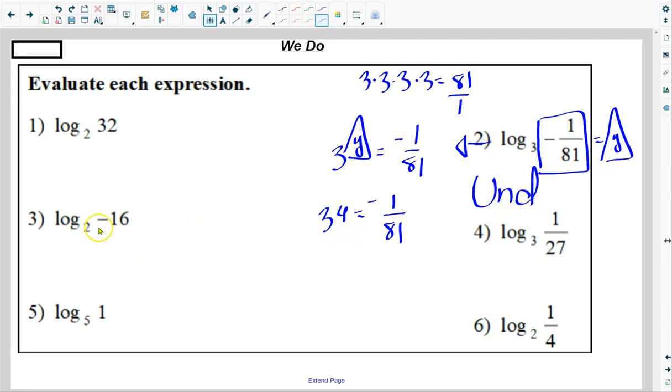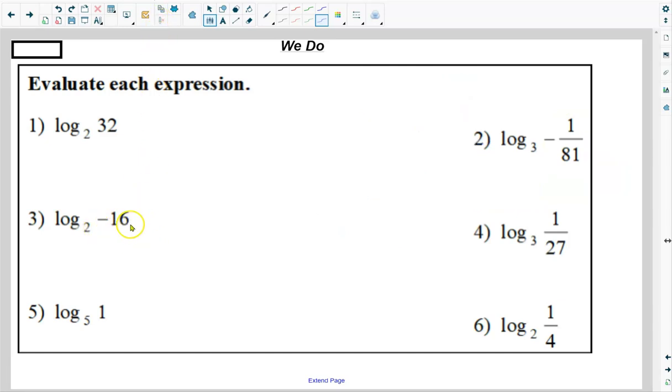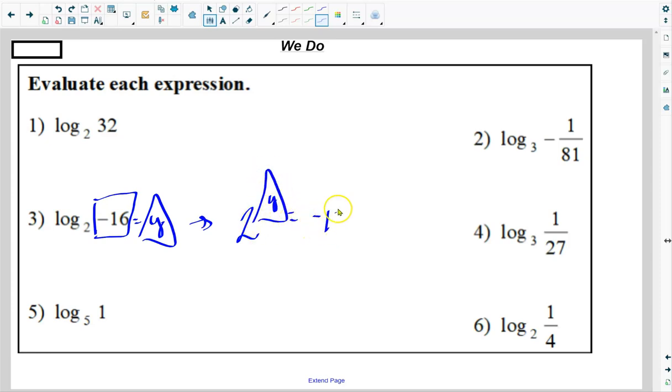Notice that this one is also negative, so let's take care of this one. You should be able already to tell it's negative, but you want to explore that. So let's go the distance here. We've got base 2 to the y equals negative 16. And how many times do I multiply 2 to get me a negative 16?